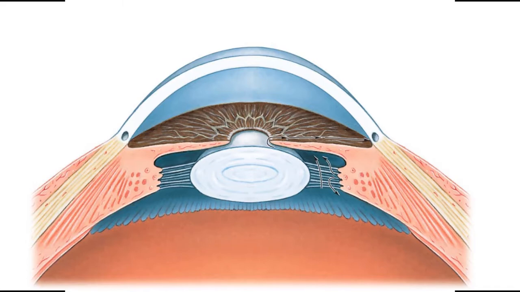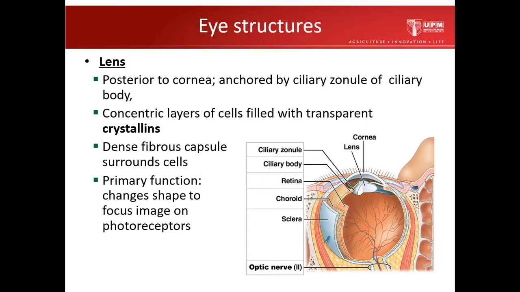The lens lies posterior to the cornea, and it is held in place by the ciliary zonule that originates on the ciliary body. The primary function of the lens is to focus the visual image on the photoreceptors, and to do this the lens will change its shape.